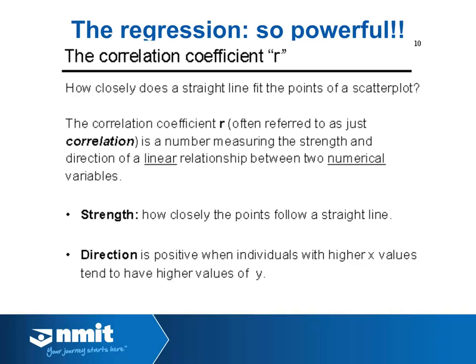Every point fits that distribution perfectly. So the closer R is to 1 or -1, the closer our points fit a perfect straight line. Whether it's positive or negative tells us whether it's a negative or positive relationship between the two variables. We'll look at how we derive R and how we use R, and it's remarkably simple, especially with the benefit of Microsoft Excel.